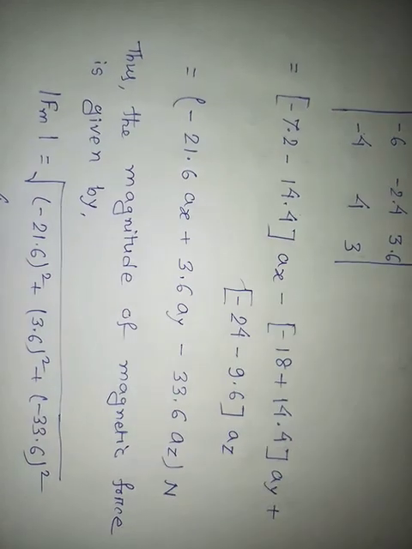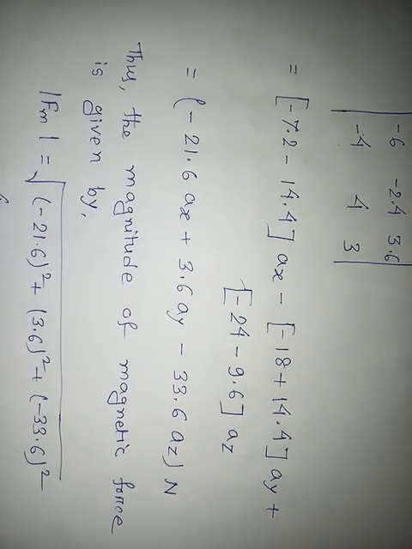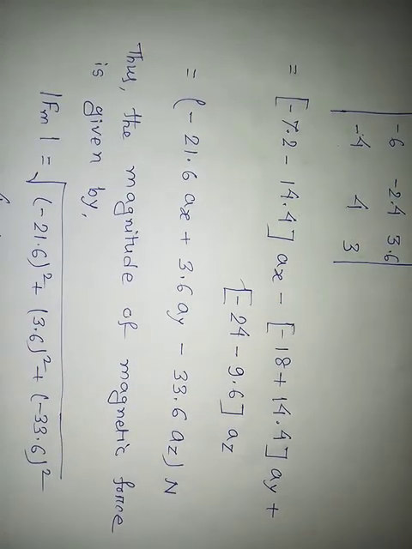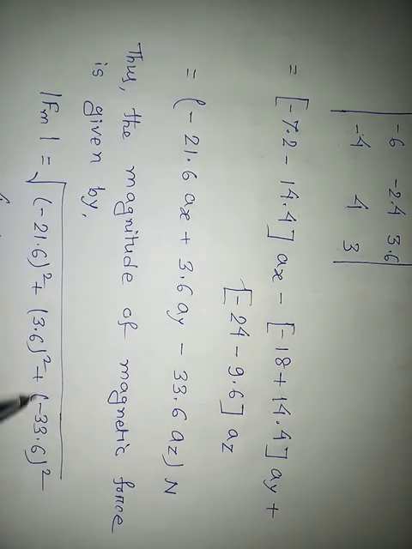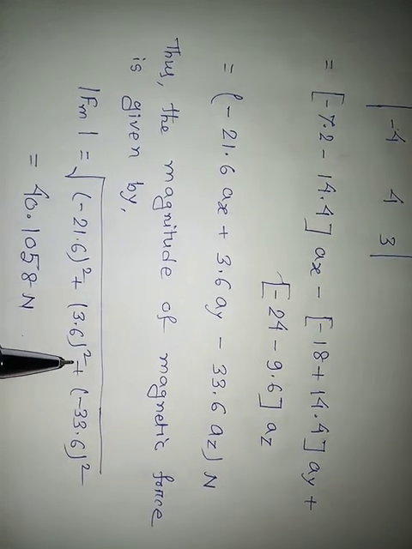After solving those parts, our result is minus 21.6ax plus 3.6ay minus 33.6az in Newton, and the total magnitude is the square root of the coefficients along the x-axis, y-axis and z-axis, and our result is 40.1058 Newton.